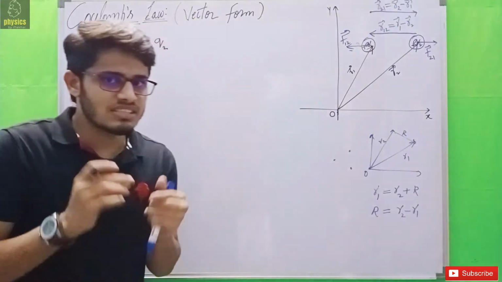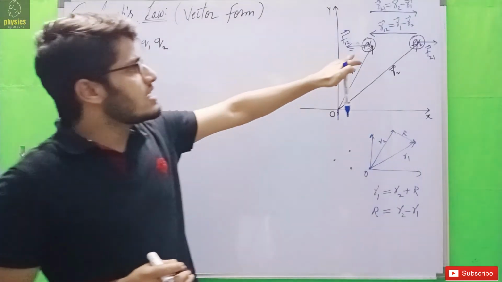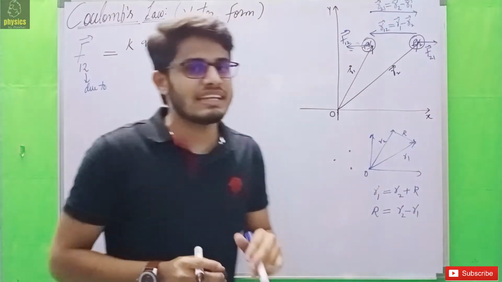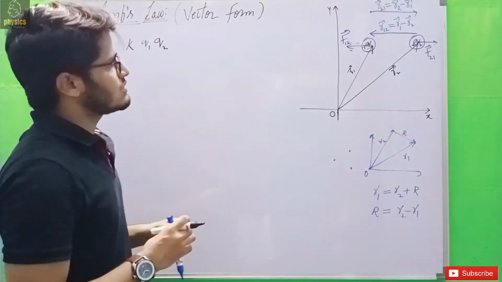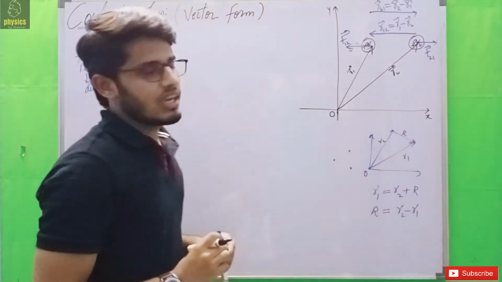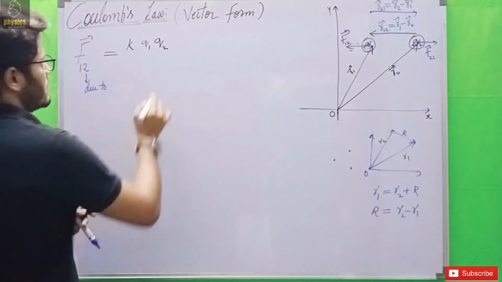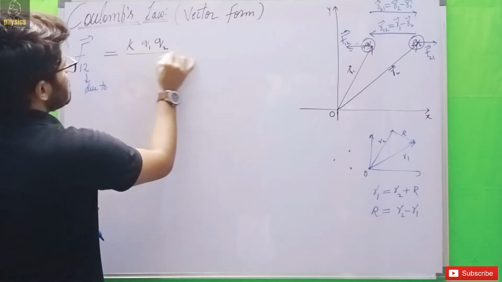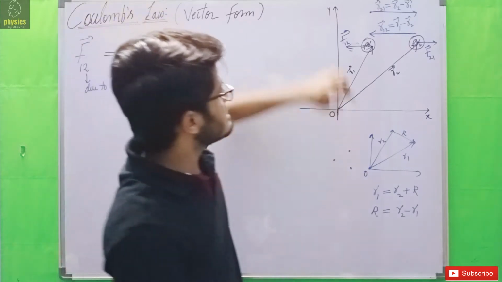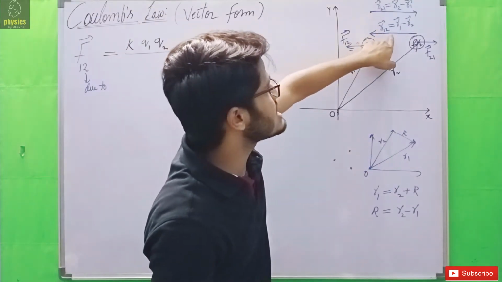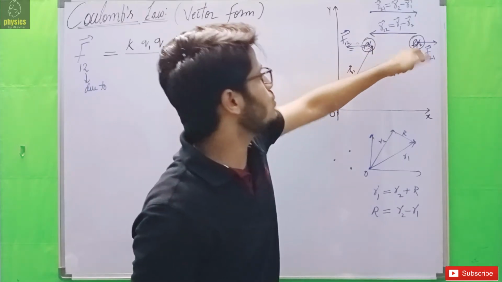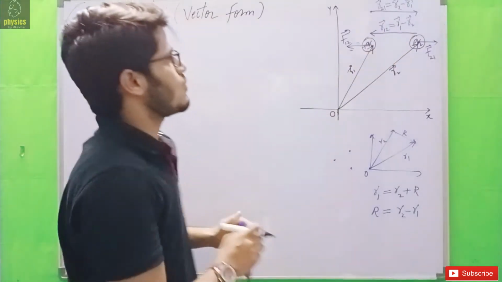Sign sensitive means whatever the signs of Q1 and Q2 are, we have to take them into account, but it is not a sign sensitive expression. That's why you can neglect the sign. You just have to worry about the magnitude, divided by the distance between these two particles. While finding this expression for this force, we'll be using this vector. This vector is giving the distance between Q2 to Q1. Okay, this expression, what is that?